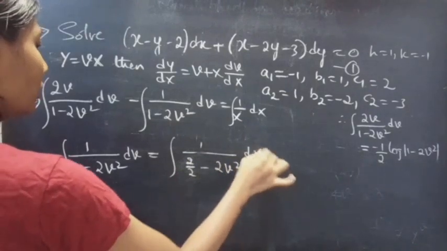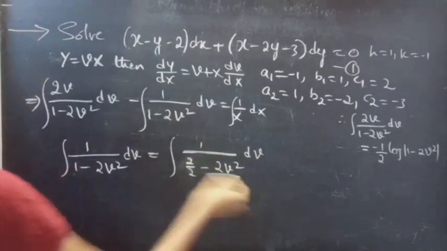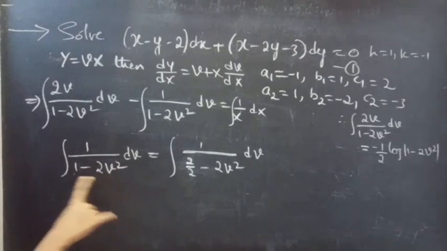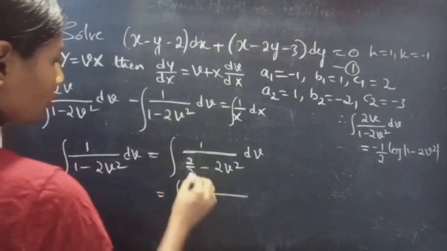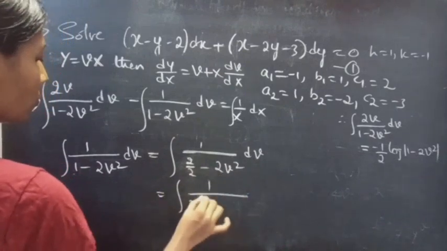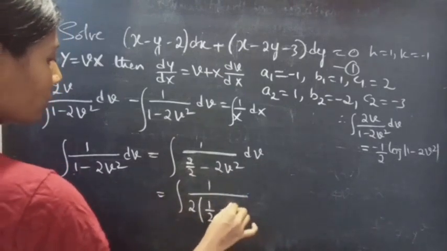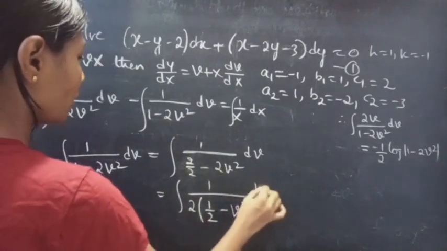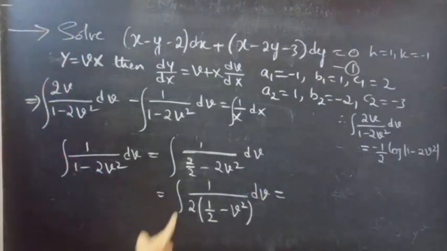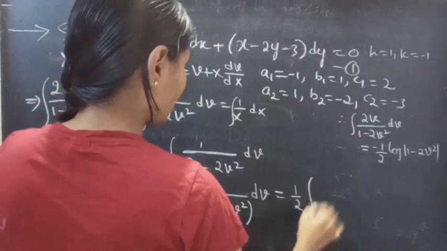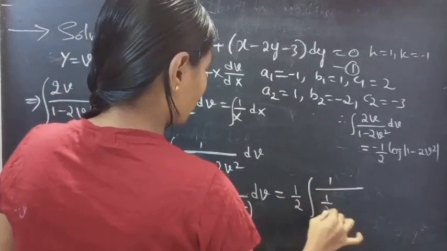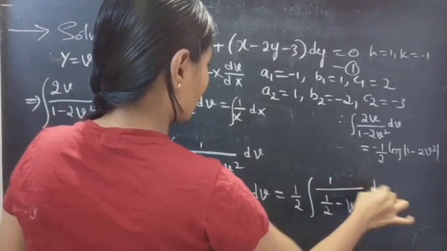Then it will be easy to take 2 common from the 2 terms in the denominator. This is equals to integral 1 by 2 times 1 by 2 minus v square into dv. Now take 1 by 2 outside the integral, you will get 1 by 2 integral 1 by 1 by 2 minus v square into dv.